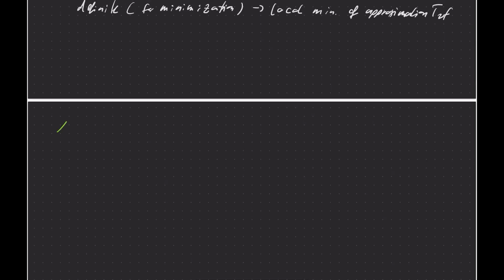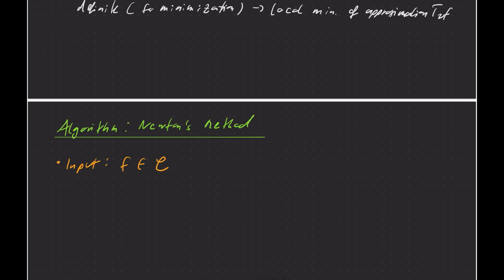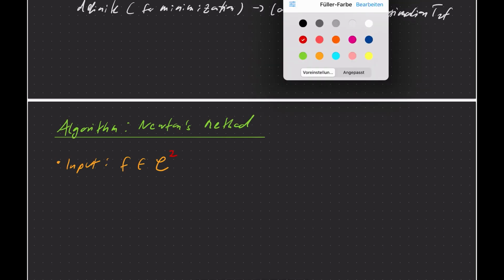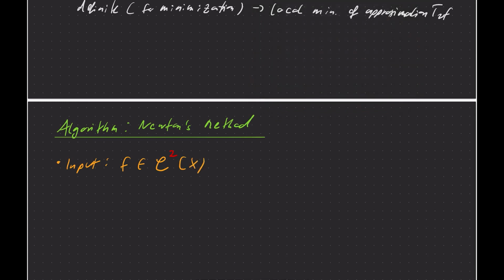Let's write down the algorithm formally. So again, the input is similar to gradient descent. We just take a function f. The difference is this time we need that function to be two times continuously differentiable, because we also need to compute the Hessian.